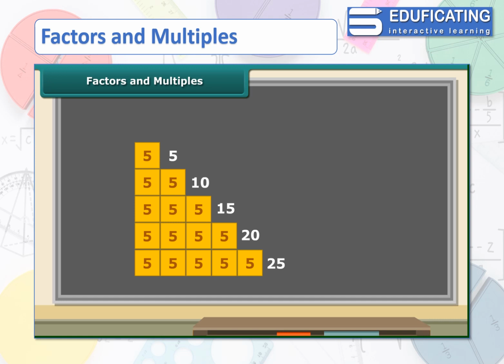Each of these numbers is greater than or equal to 5. 5 is a factor of 5, 10, 15, 20, and 25. 5 is equal to or smaller than each of these numbers.